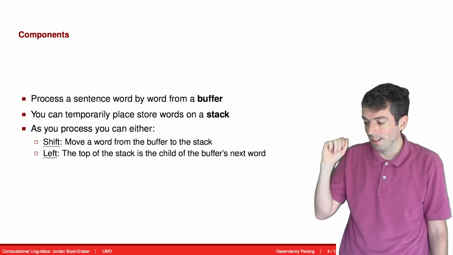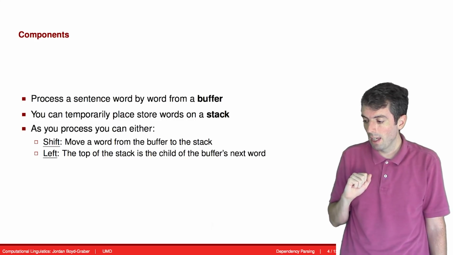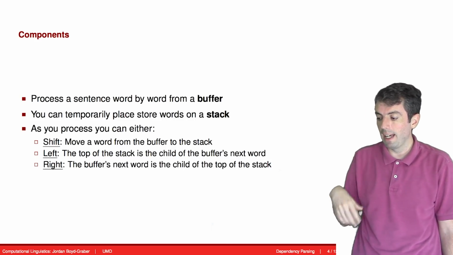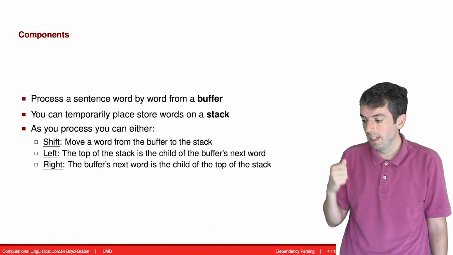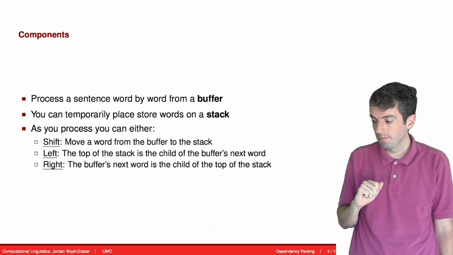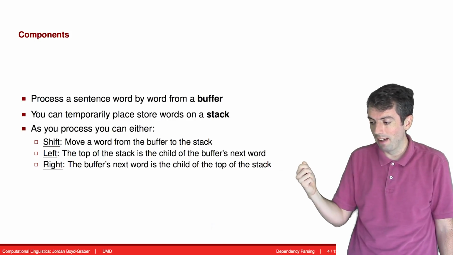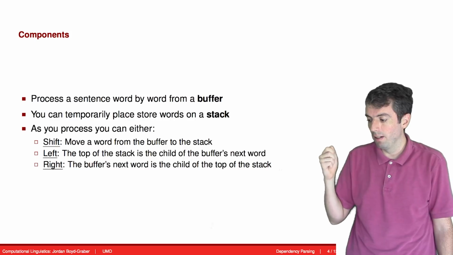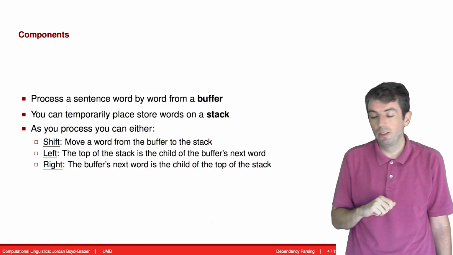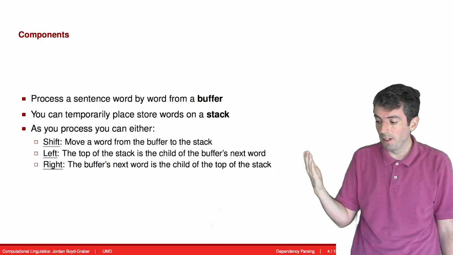So the top of the stack becomes a child of the buffer's next word. Or you can create a right edge, in which case you have the buffer's next word as a child of the top of the stack. Or, to say that a different way, you have an edge going from the top of the stack to the buffer's next word. And these are the three operations.